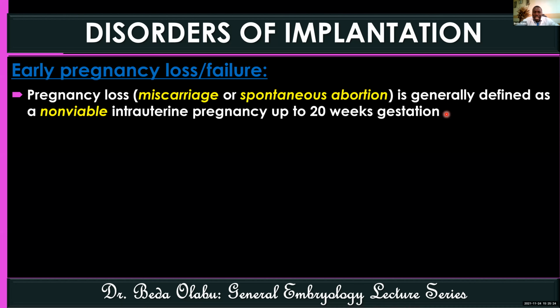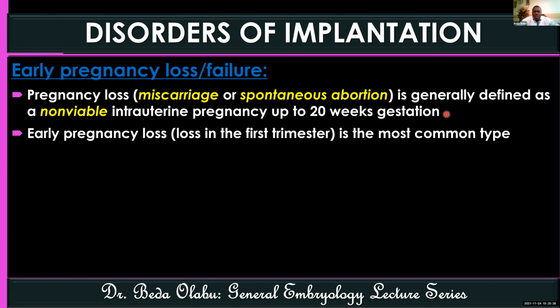So when do we call it early pregnancy loss? We call it early pregnancy loss if this loss is occurring in the first trimester. Remember, you can divide pregnancy into 3, the first trimester being the first 12 weeks plus 6 days. That's the first trimester of pregnancy.